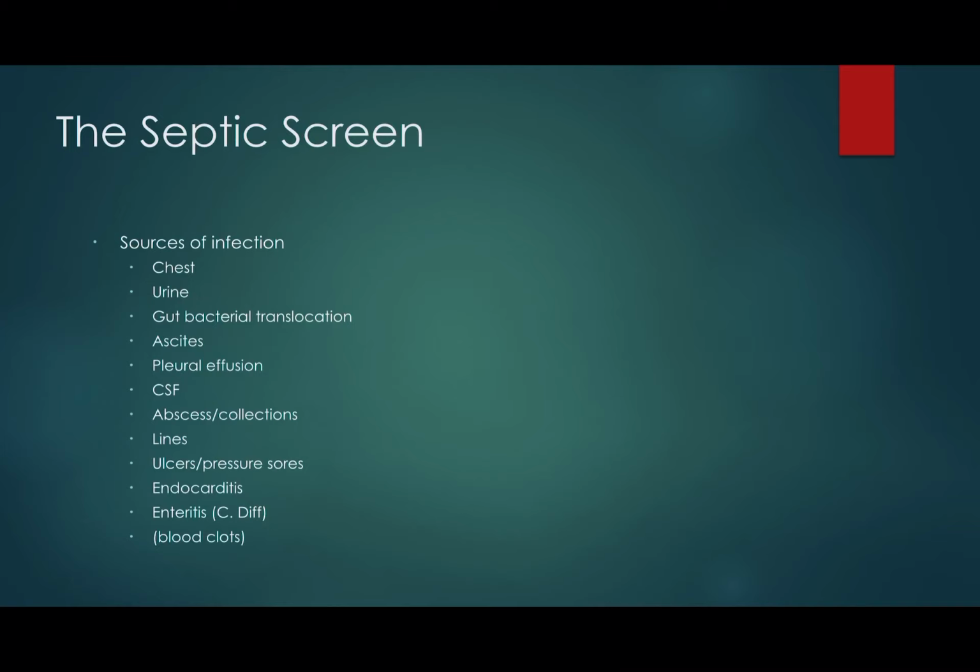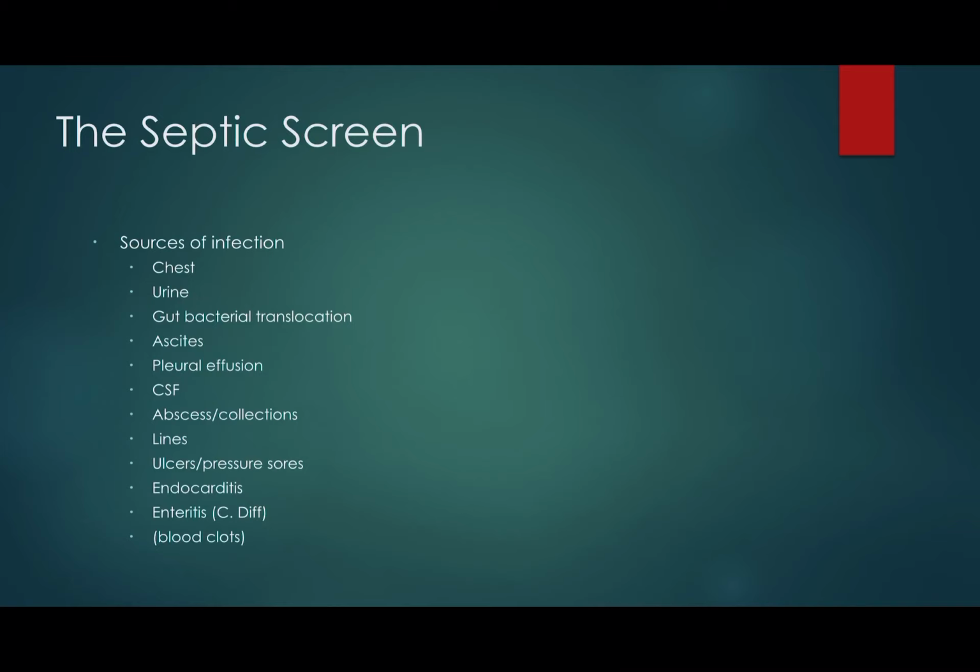Those patients with CSF infections, which again is fairly rare, but especially in patients who become profoundly immunosuppressed, they can get secondary CSF intracranial infections. Abscesses and collections are important differentials, and you should have a low threshold for cross-sectional imaging of the patient if there's infection of unknown source.